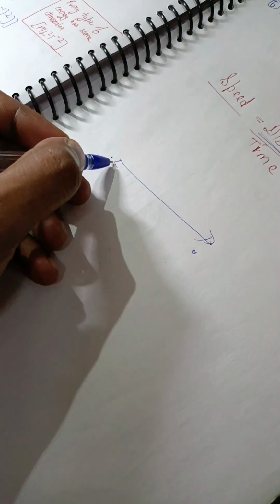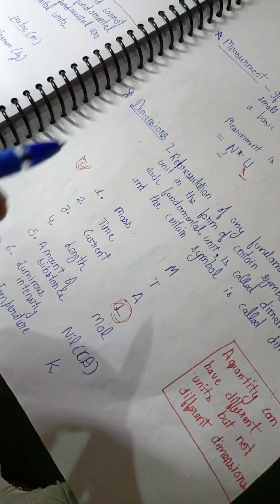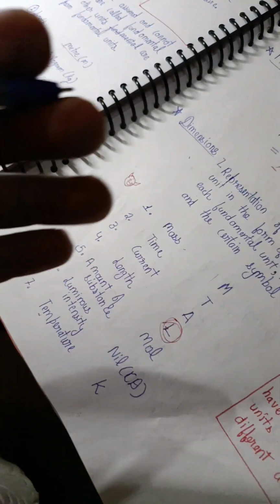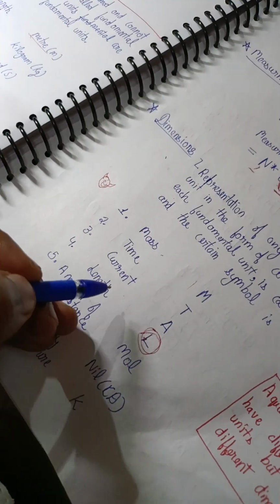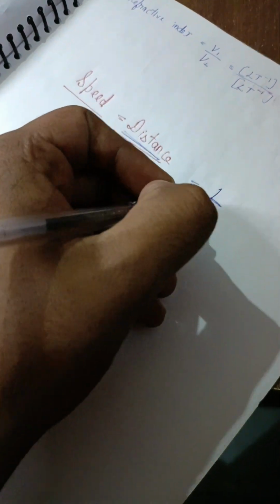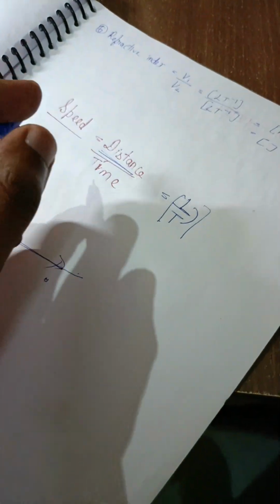So what is distance? You travel from this point to this point. What are you covering? You're covering a length. And length is a fundamental unit, which has a unique dimension, L. So you can say L. Time itself is a fundamental unit and it has a unique dimension, so you can say upon T. When T goes down, you cannot write it in fraction form.